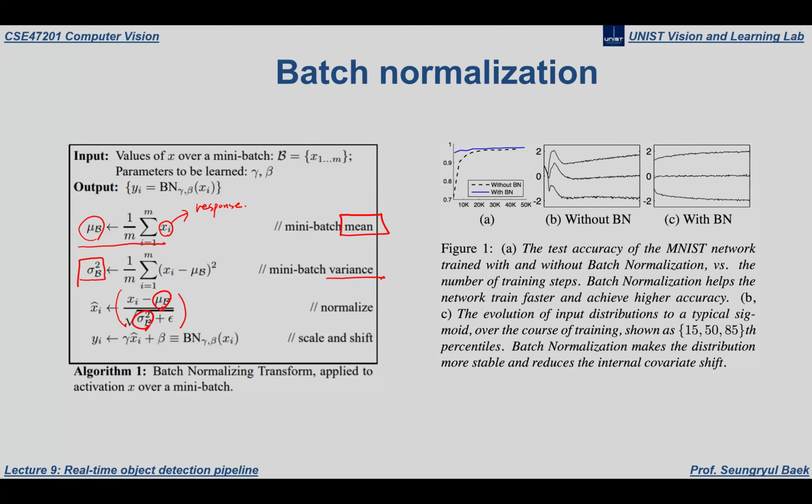Okay. Then this is the obtained response that is Gaussian normalized. Okay. It will have mean 0 and variance 1. Okay. So they are following the standard normal distribution. Okay.